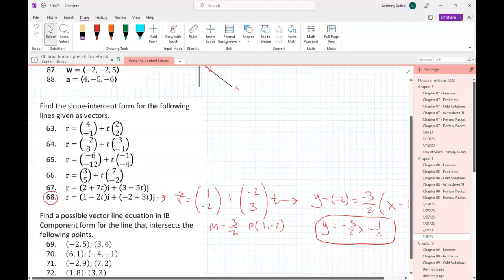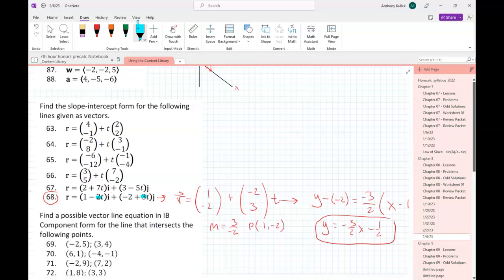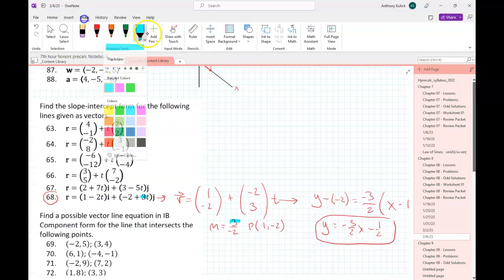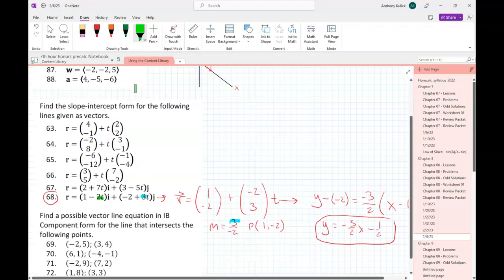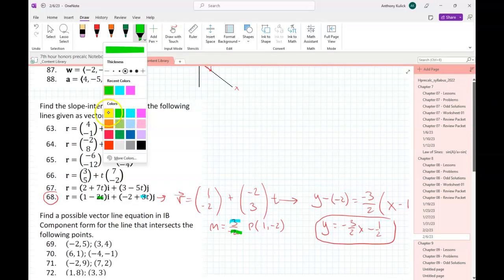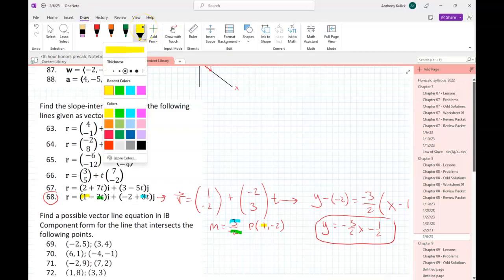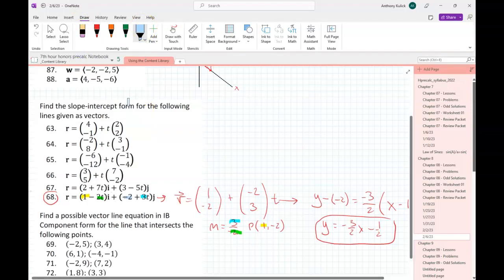Alternatively, I can say, okay, my slope is going to be the t coefficient from j over the t coefficient from I. And then my point is going to be the constant from the I vector and the constant from the j vector.